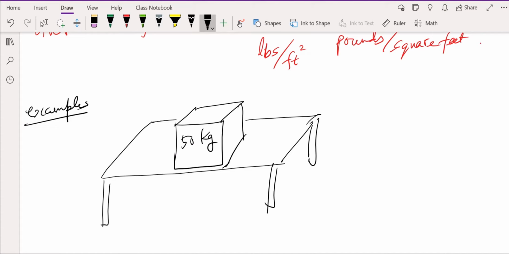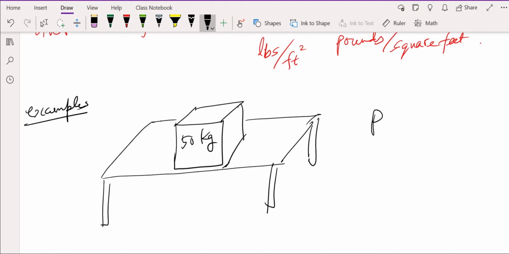What's the pressure that the box is applying on the table?